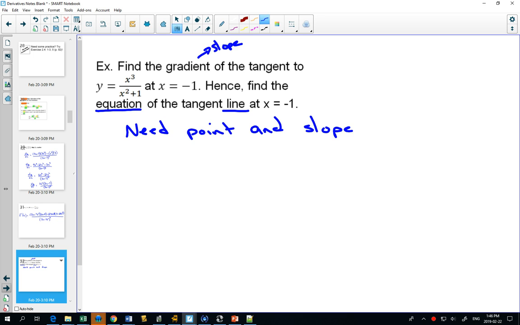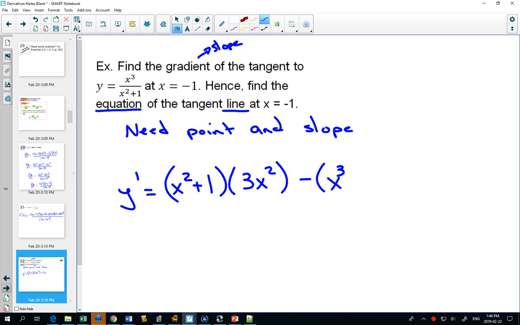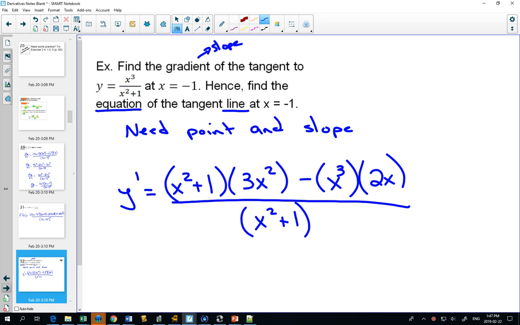When we find a derivative, so for example here, I can use my quotient rule and find the derivative: keep the bottom the same, derivative of the top, minus keep the top the same, derivative of the bottom, over the bottom squared. There's my derivative. But what does my derivative mean? My derivative is an equation that finds the slope of all the tangents at all the points.